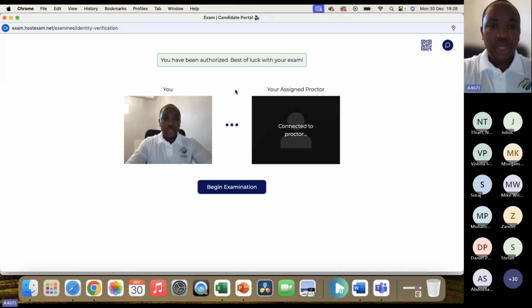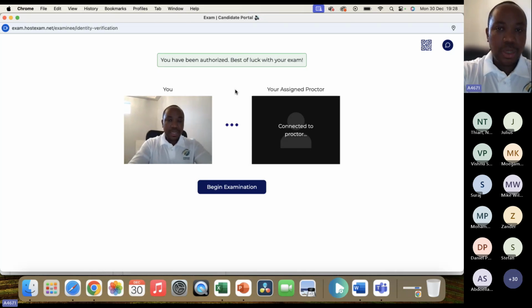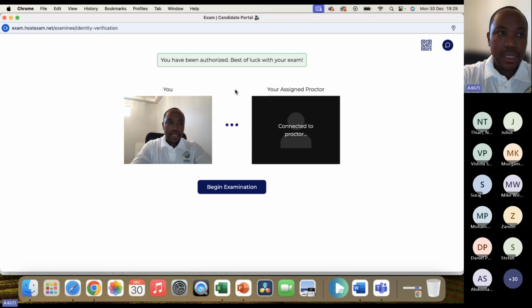This is to ensure that there is no material or devices that you can use to help you in the exam, and also to ensure that you're the only person in the room. Remember that it is a closed book exam, and you are not allowed to make use of any devices or material on your laptop or anywhere else in the room.